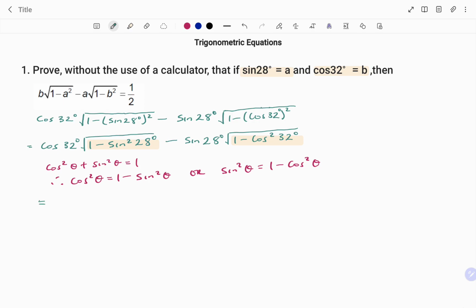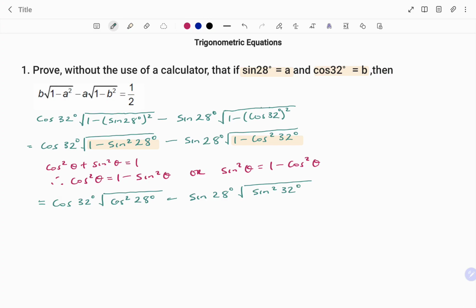So I have that as cos 32 degrees square root of cos squared 28 degrees minus sine 28 degrees square root of sine squared 32 degrees.